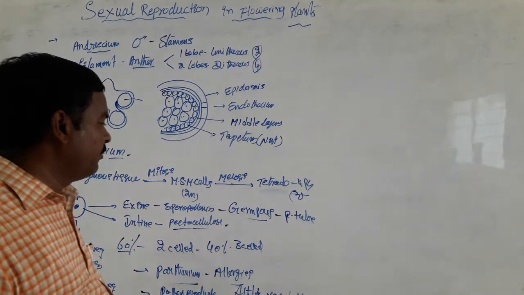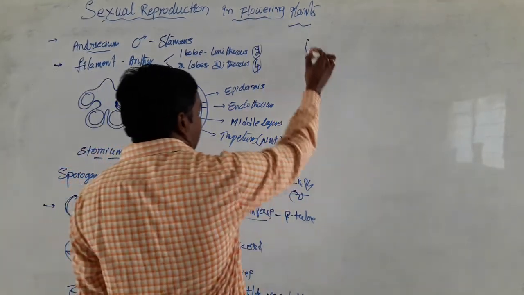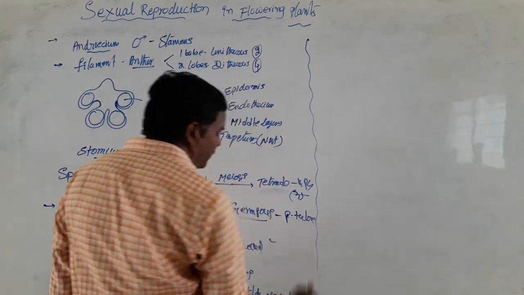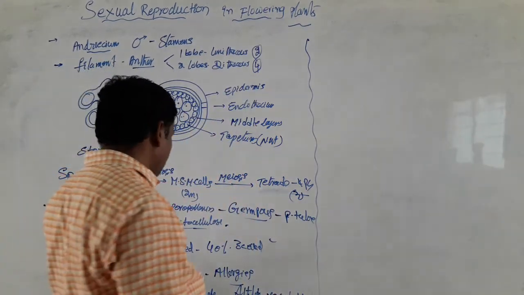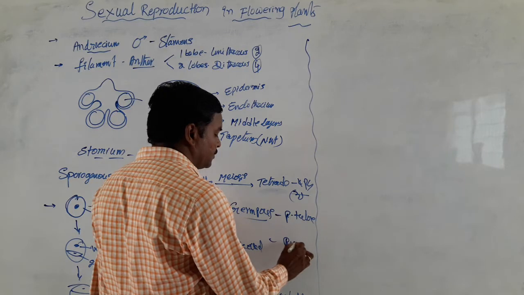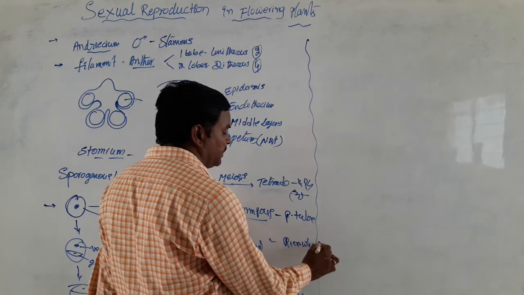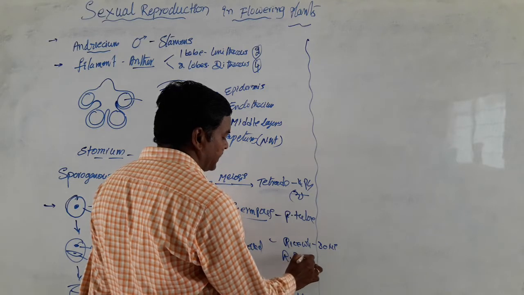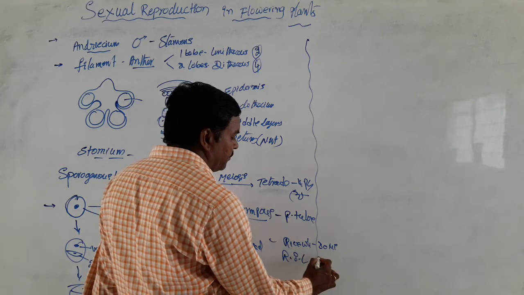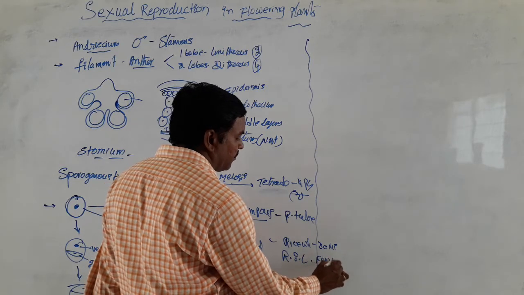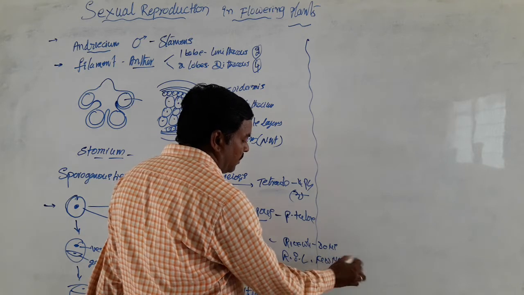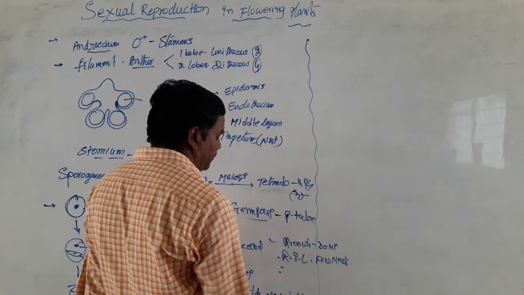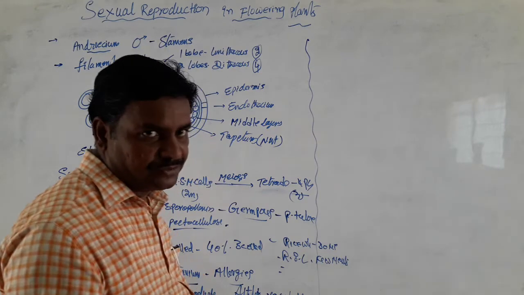Similarly, viability of pollen grains also varies. In case of rice and wheat, it is within 30 minutes. But in Rosaceae, Solanaceae and Leguminosae, it is a few months.